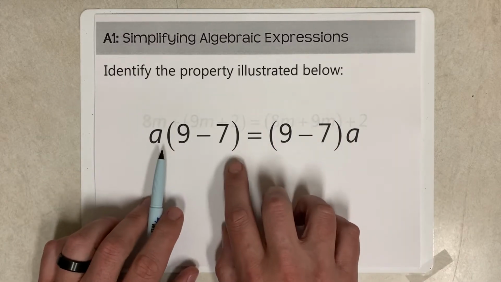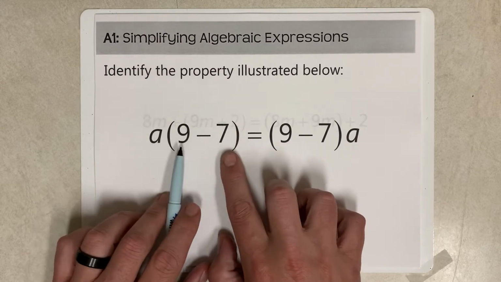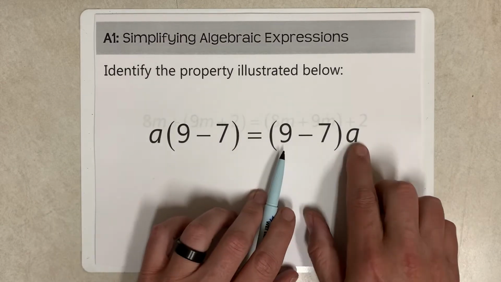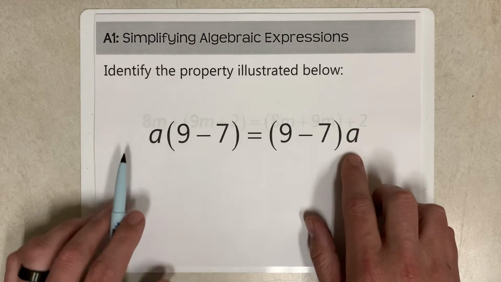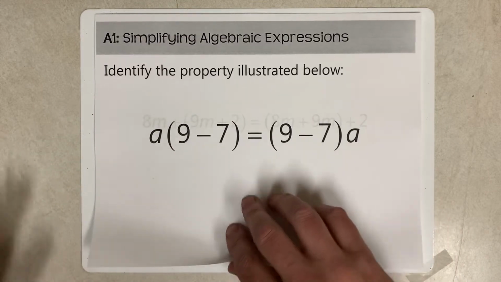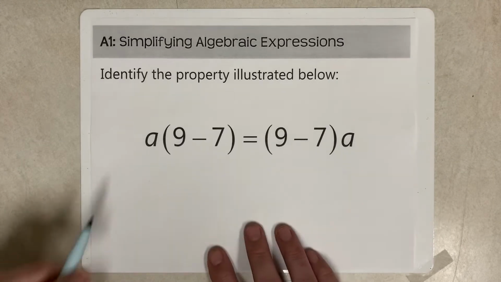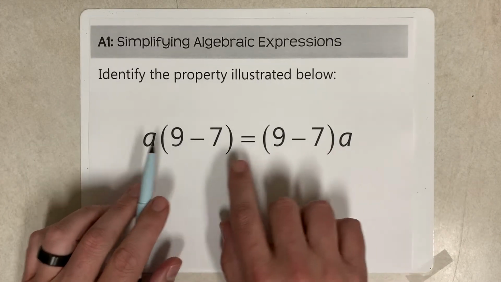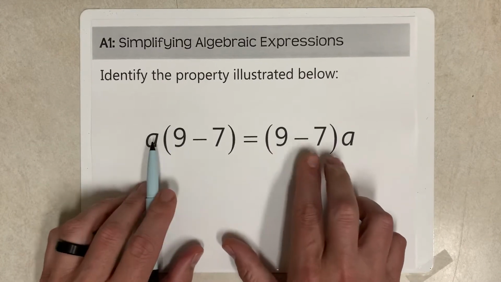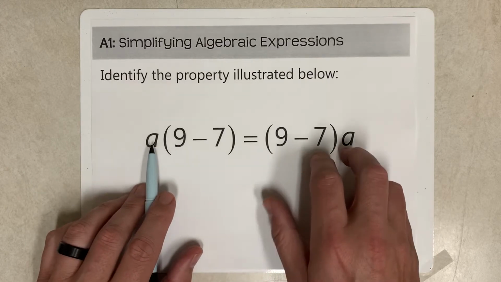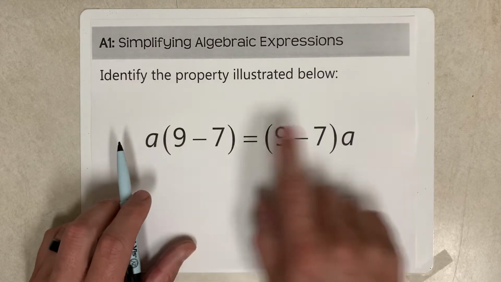This one has a times 9 minus 7 is equal to 9 minus 7 times a. And so if I look at the property that goes from the left side to the right side, what happens is the 9 minus 7 stays the same, but the a changes places. The a moves from here to here.